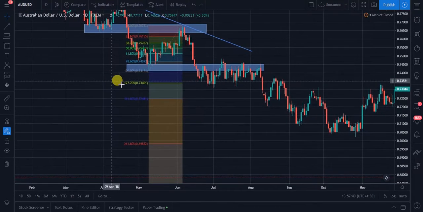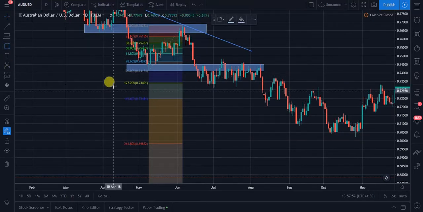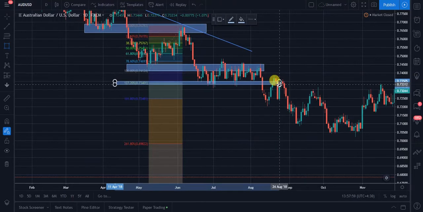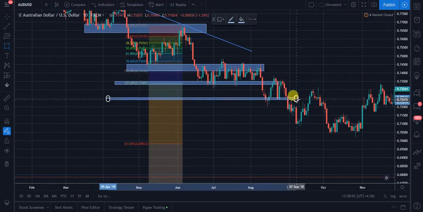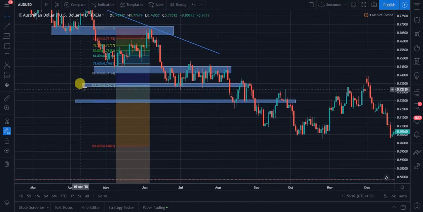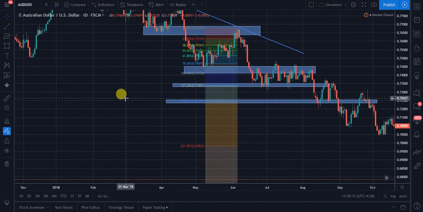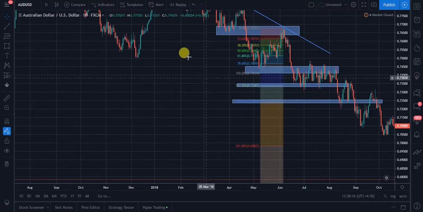Second one is 127.2, and the next one is 161.8%. So these levels are your next targets for your trades. Remember, don't use just these numbers for your trading, as you need to check out your chart before.